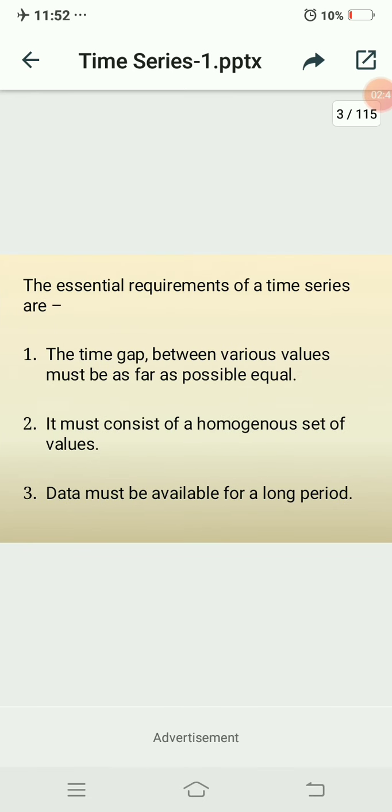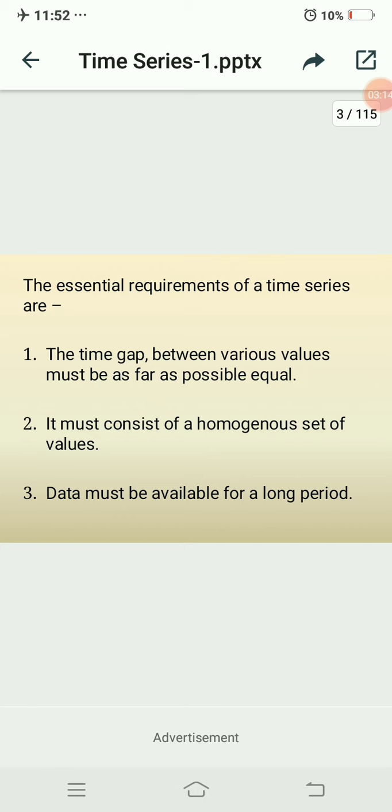Now we are going to the essential requirements of a time series. The first one: the time gap between various values must be as far as possible equal. The second one: it must consist of a homogeneous set of values. Homogeneous means it gives systematic data, quantitative or qualitative.